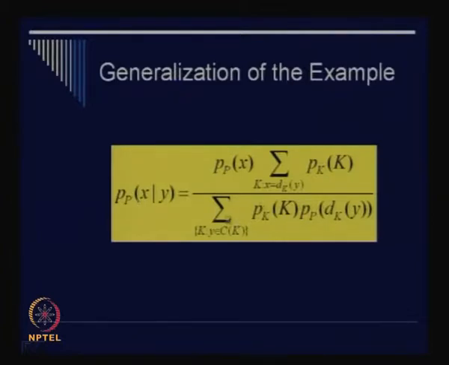So the denominator is all possible ways how you can actually obtain y, because y is the ciphertext. Okay, so you remember in the previous case what did we do? We essentially took that corresponding ciphertext and decrypted it by all possible values of the key and went back to the corresponding plain text, right, and then multiplied with the probability of that plain text. Okay, so you see what I'm saying?